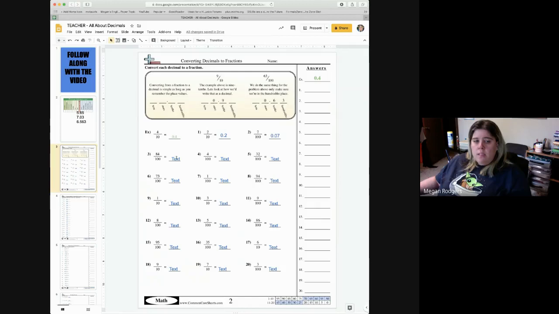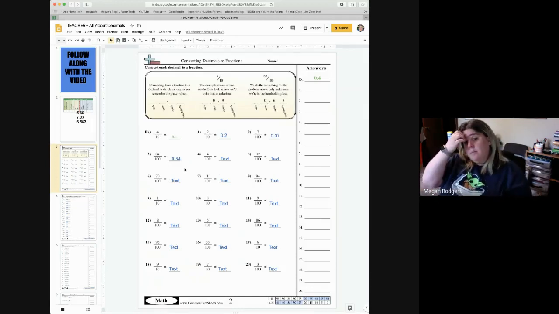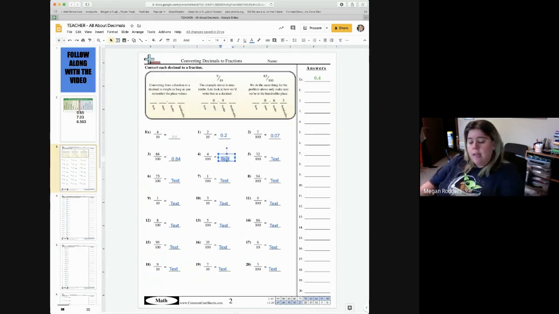So if we come to this next one, 84 100ths. 84 is a 2-digit number, so that's easy. I just fill in my 2 spots, 84. 4 100ths. Again, if I want to do this ahead of time, you want to think of it like this.